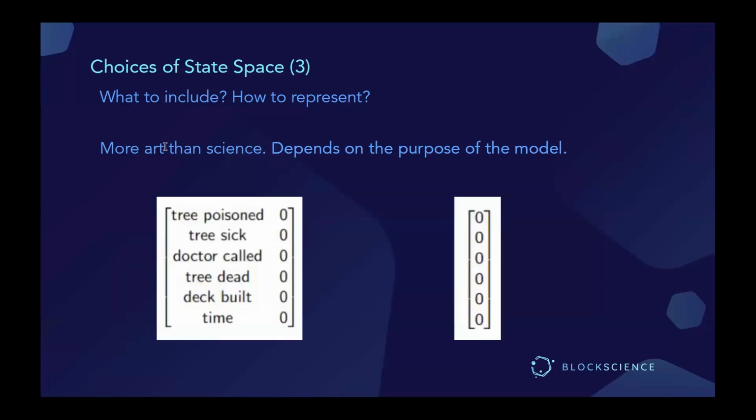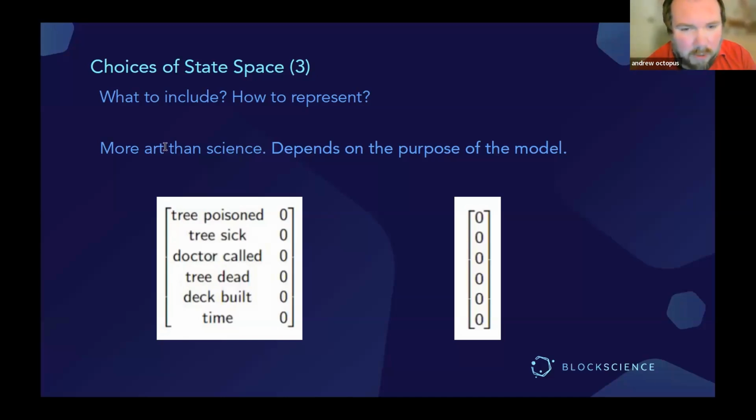We might also need to include time, especially if we're looking at a model where this game is played repeatedly, or to keep track of the fact that maybe we veered into an unacceptable state where someone tries to poison the tree after it's already dead, or someone tries to build the deck before they poison the tree. And if we want to enforce a notion that's coherent with the stages that we assumed at the beginning, then keeping track of time can be useful for that.